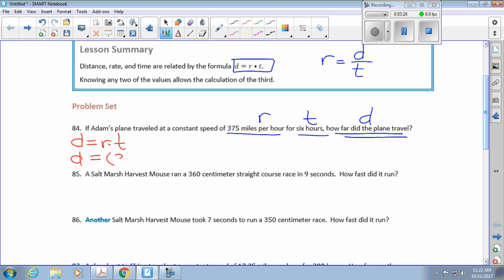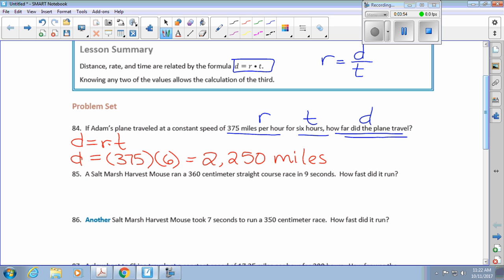Yep, Brianna just said 375 miles per hour times the time, which was what, everybody? 6 hours. 6 hours, good. When you multiply those two numbers, what should you have on your homework? 2,250 miles. Very good. 2,250 miles. Nice job, Michael.